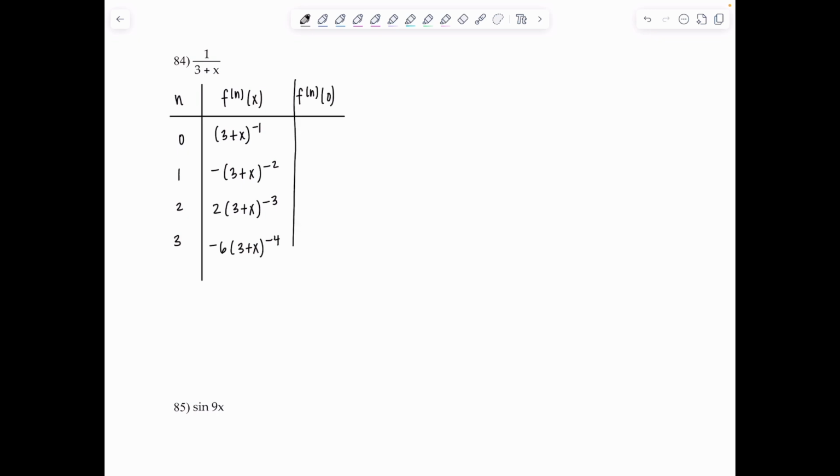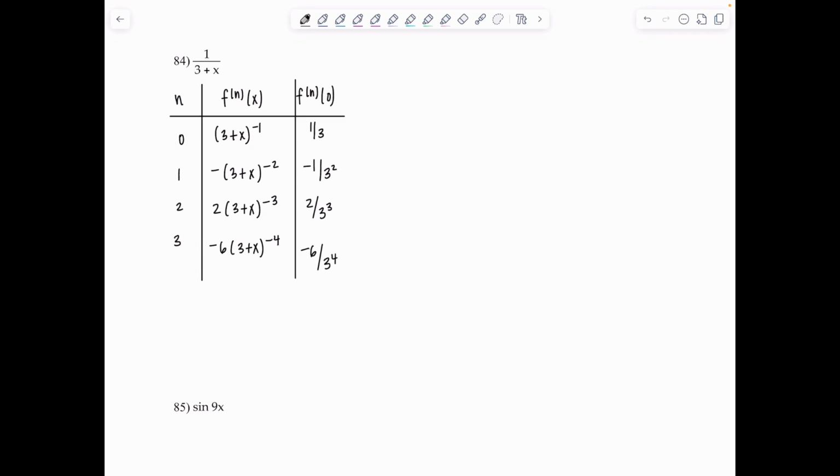Good, good, good. And then evaluating these at 0. So this is going to be 3 to the negative first, which is 1/3. This is going to be negative 1 over, let me just leave it 3 squared. The next term is going to be 2 over, again, I'm leaving it 3 cubed, just to help me see the pattern better. And then this is negative 6 over 3 to the fourth.